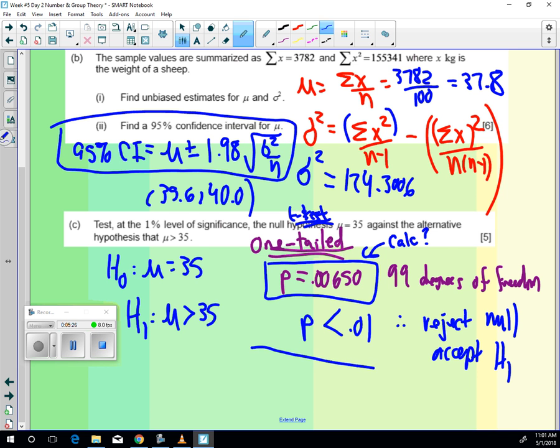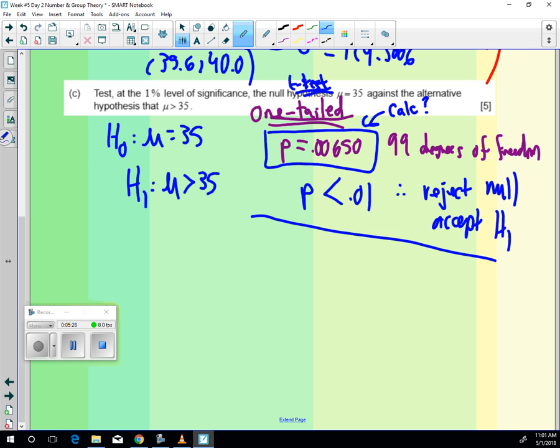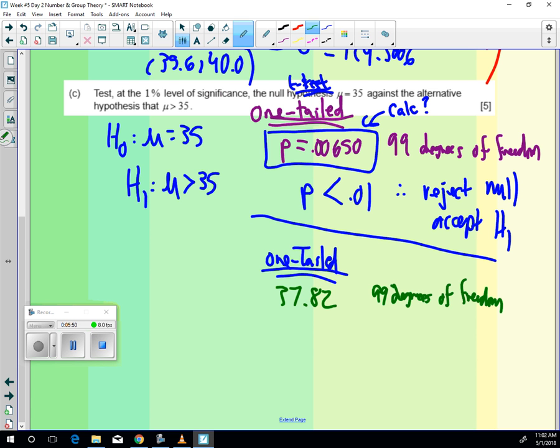That's one way. The other way they did it, which I thought was okay, still one tail. And then what you do there is they got 37.82, 99 degrees of freedom. And we're going to reject if t was greater than 2.36.